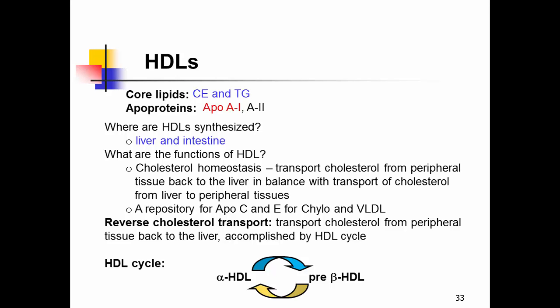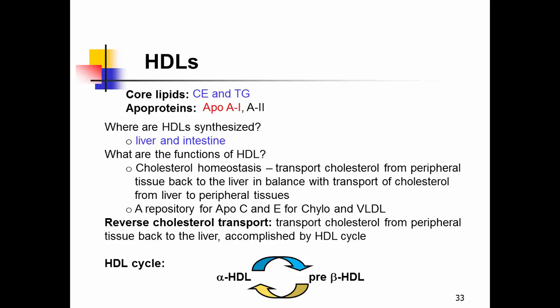ApoA1 is unique to HDL, which means that ApoA1 is only present on the surface of HDL. HDL also has ApoA2 apoproteins. HDL is synthesized in the liver and intestine; these are the primary sites for the synthesis of HDL.